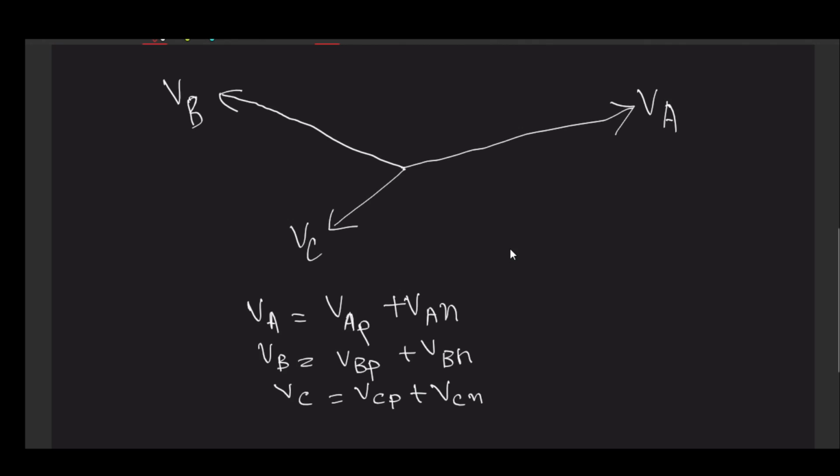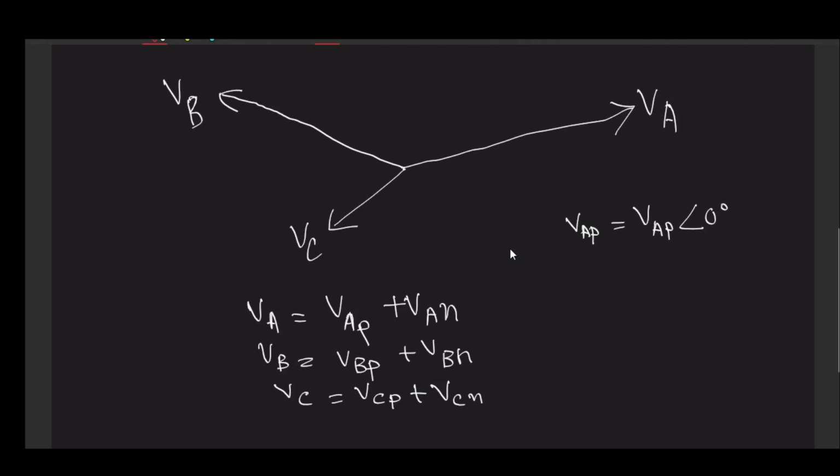Now what we know is that we can write further that VAP is equal to VAP angle 0 degree. Let us consider that.